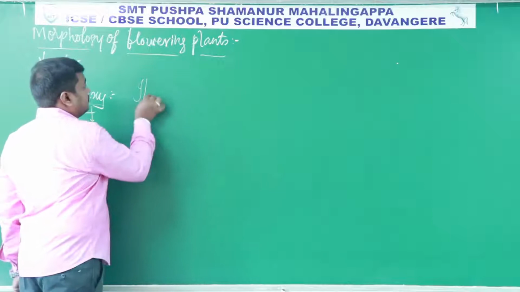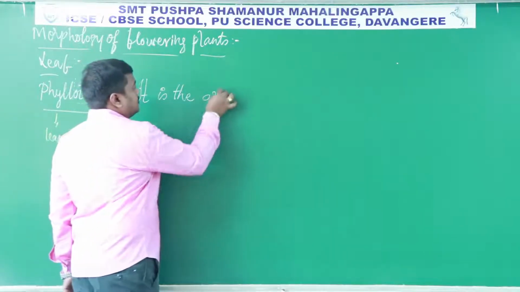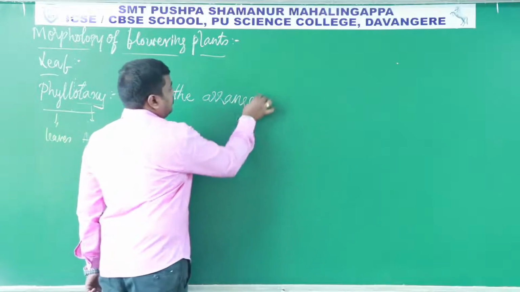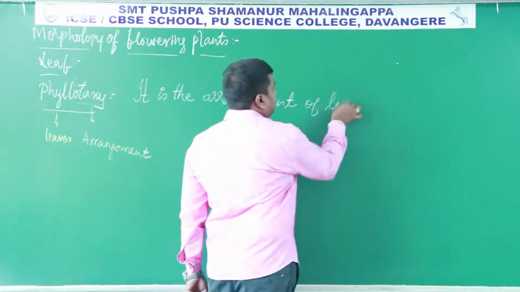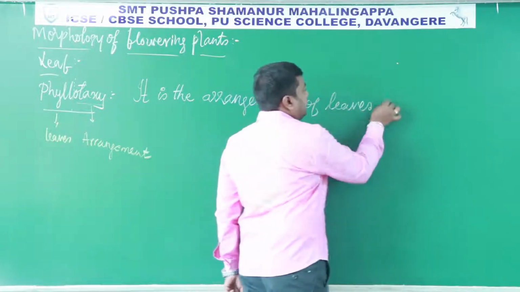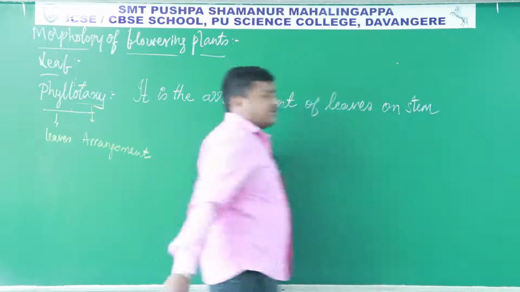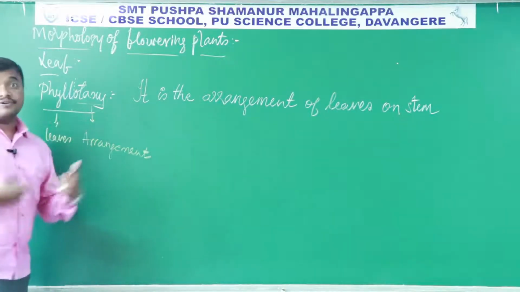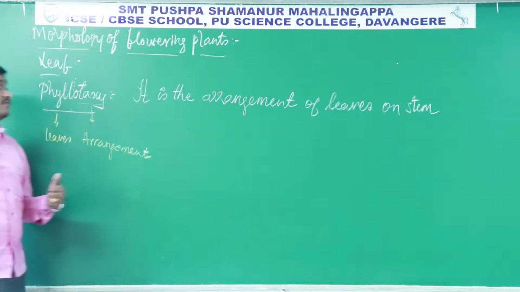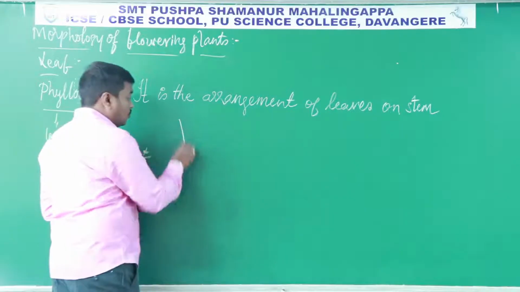It is the arrangement of leaves on the stem. Yesterday we discussed where the leaf originates on a stem. The part of the stem where the leaf originates is called the node.